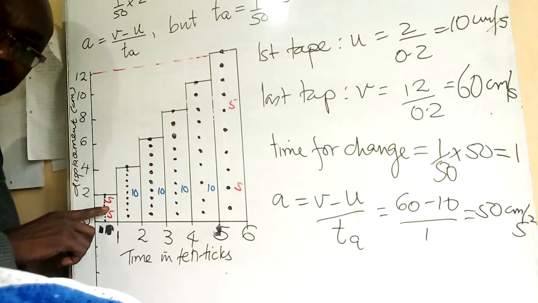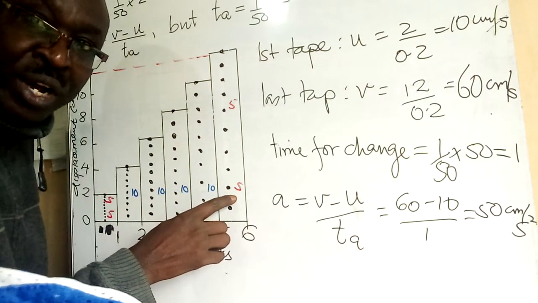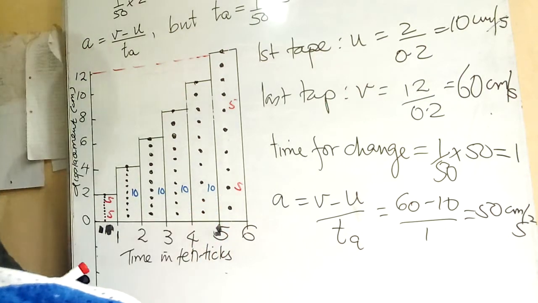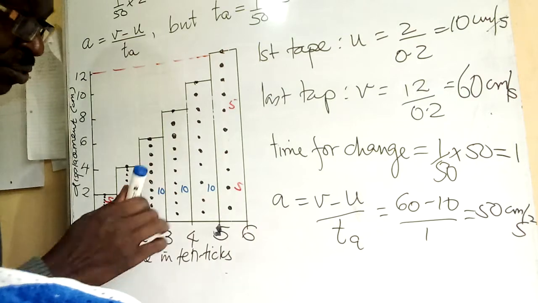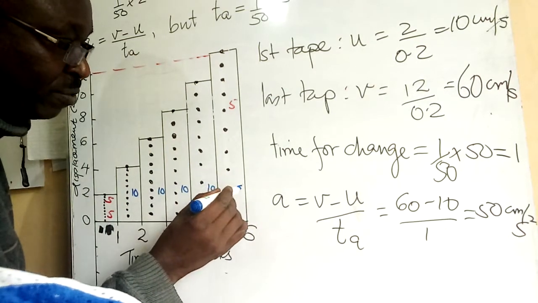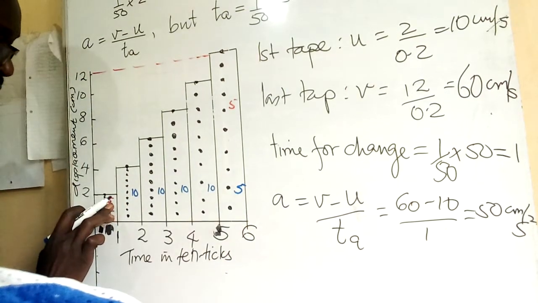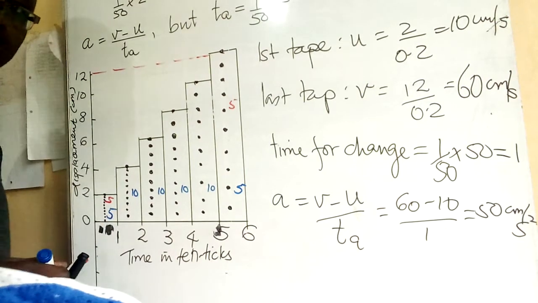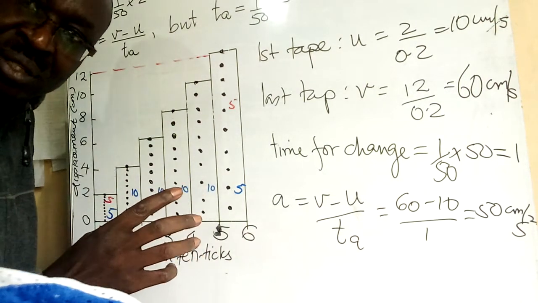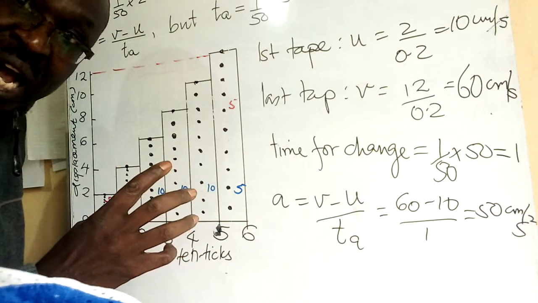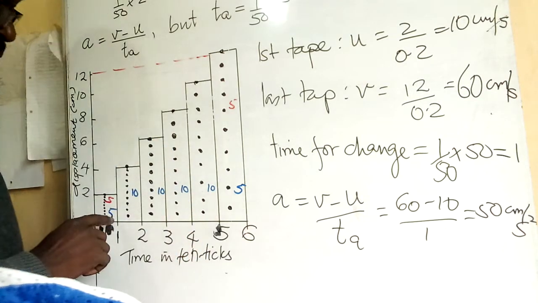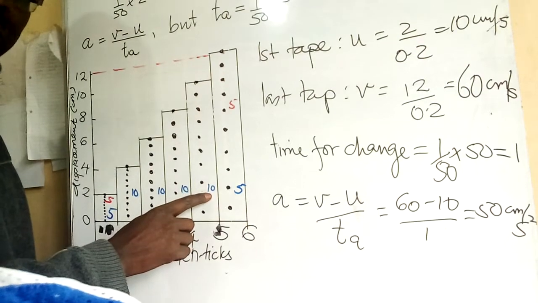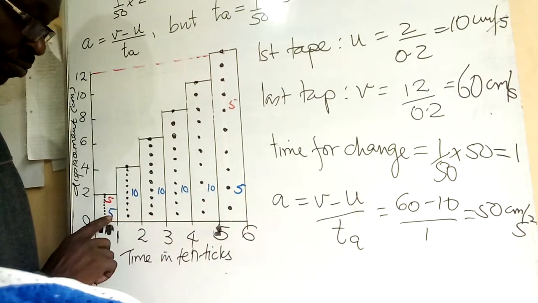So I work with 5 here, and I will also work with 5. So the blue are the spaces I'm going to consider. 40, 45, 50.